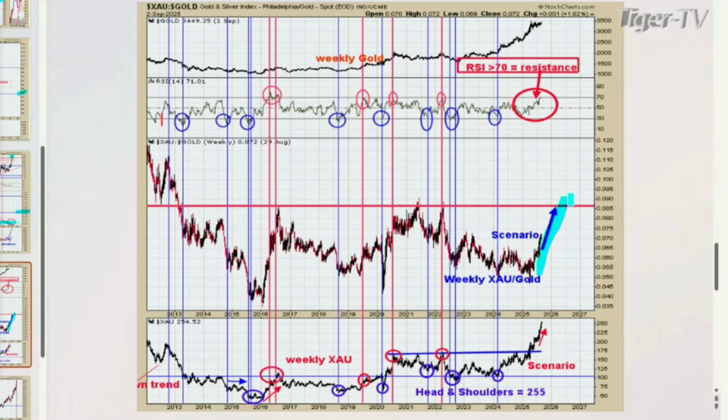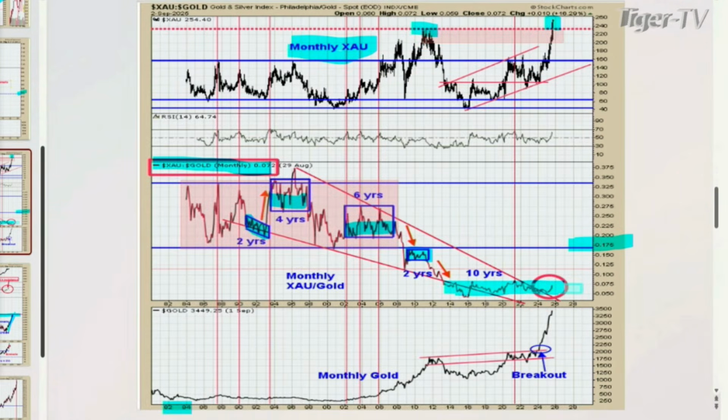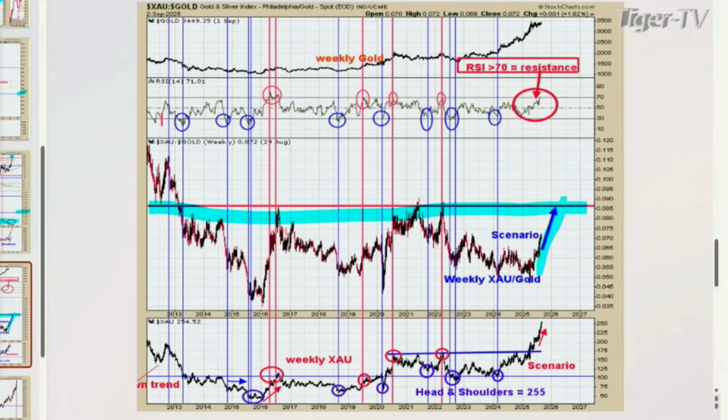I think we're at least going to get back up to this area. This line right here is the top line of that trading range. So this area here is just blowing up, and this is what it looks like on a weekly. So I think we're going to go to 0.085.